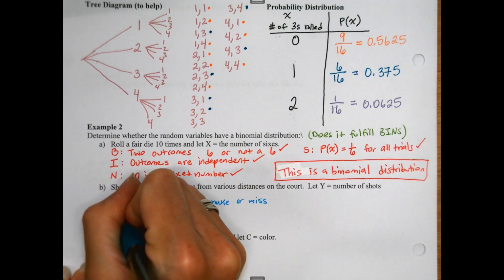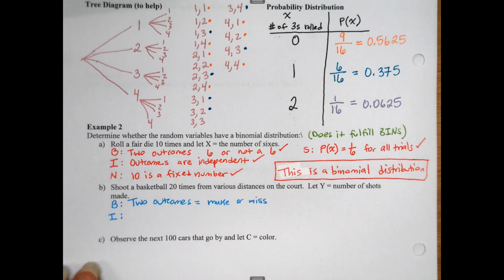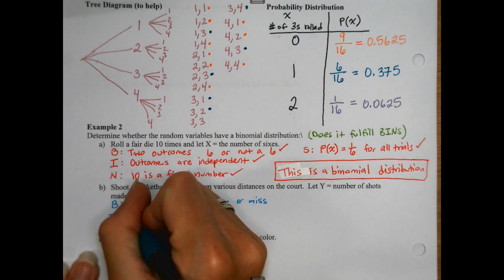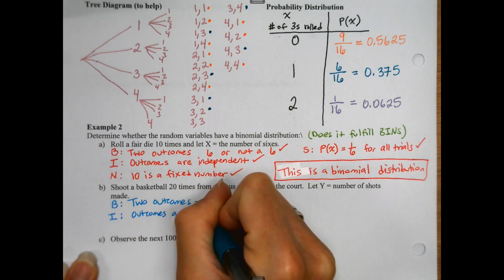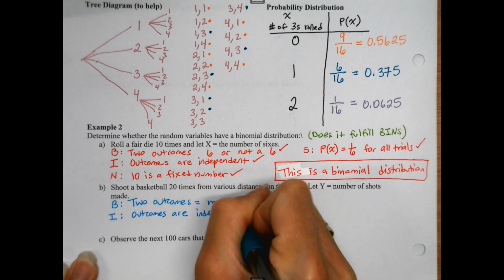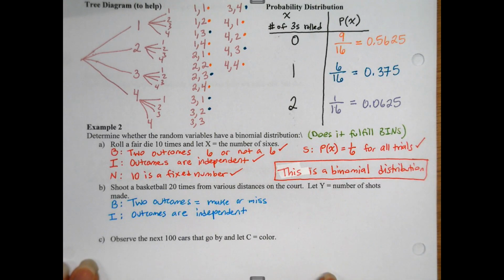Independent. Are the outcomes independent? They are. If you make the first shot that you take, that doesn't necessarily tell us that you are going to make the one right after it or miss it.